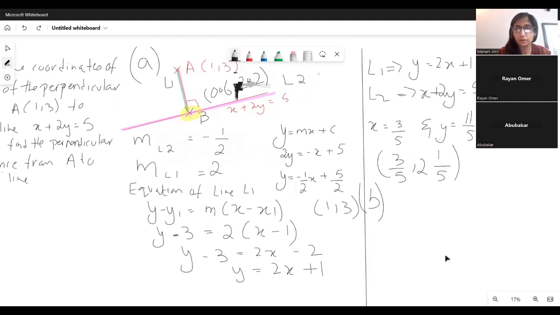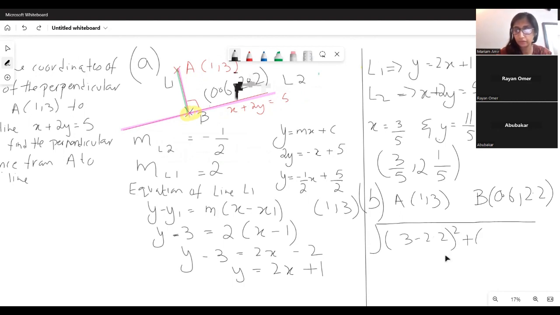So the points are 1, 3 and 0.6, 2.2. Apply the distance formula on it. Square root of 3 minus 2.2 whole square plus 0.6 minus 1 whole square.